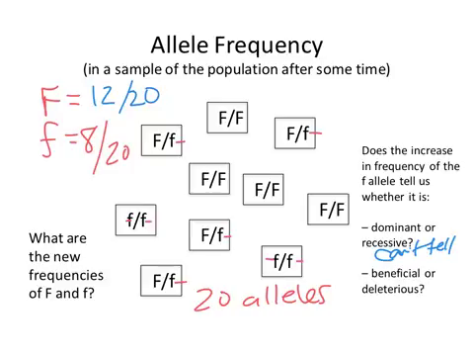What about if it's beneficial or deleterious? We already talked about that. There are many reasons that an allele frequency can change. It doesn't all necessarily require natural selection. It could have to do with population size. There could have been immigration of other individuals that happen to carry the same mutation into the population, and so forth.